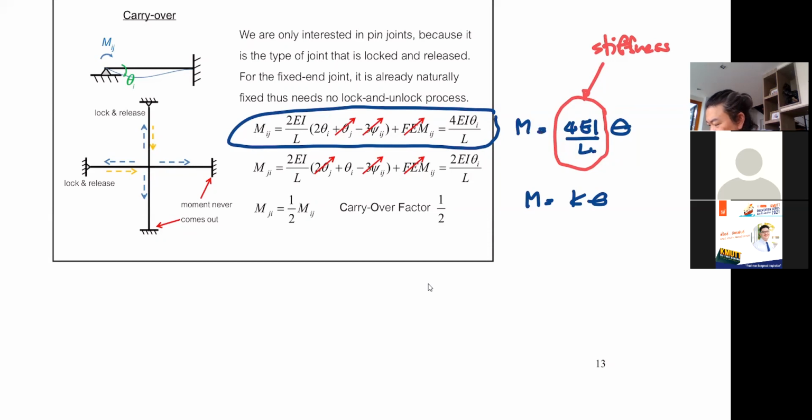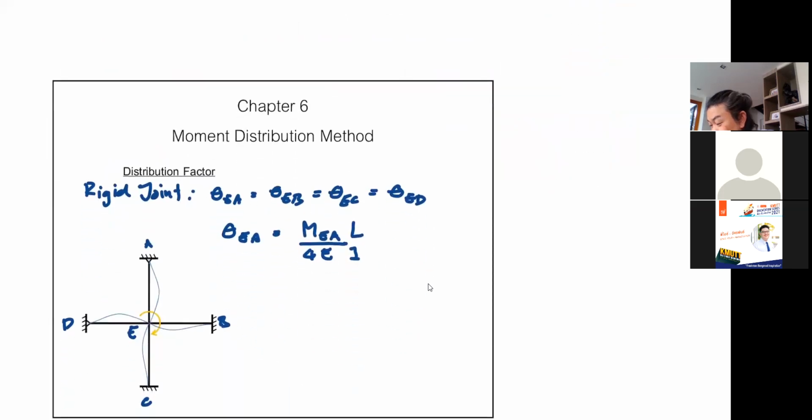Move L here, and then 4EI becomes the denominator. The other reason I write it in that fashion is because I can now show you that this L over I is something that we can call the stiffness. When we write the relative stiffness, we always look at the I over L term. That belongs to member EA.